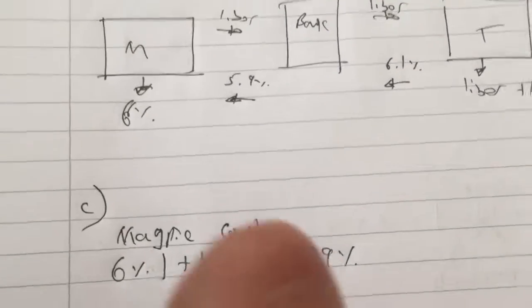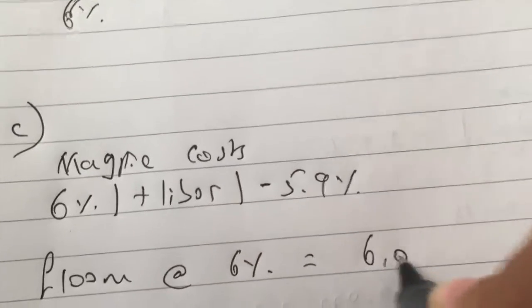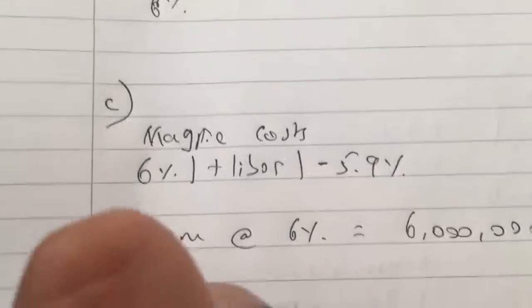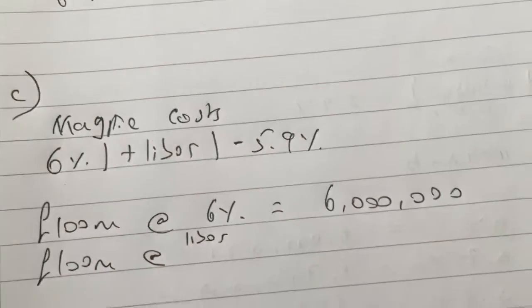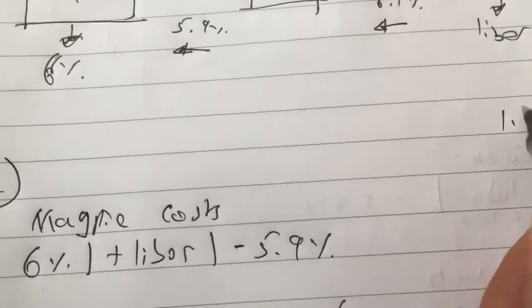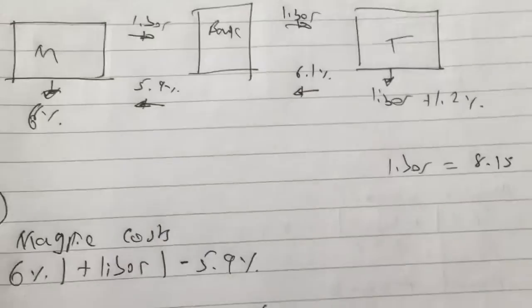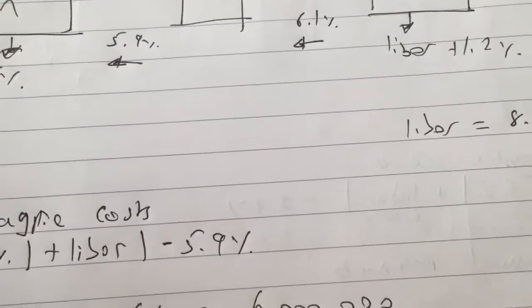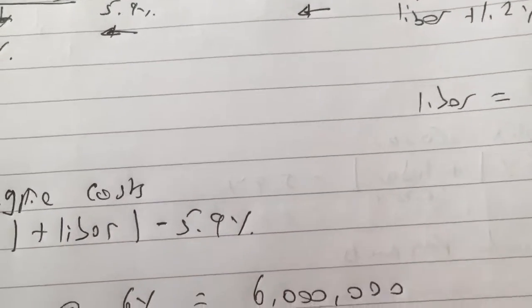We're doing 100 million again, the same thing as what we did before. 100 million at 6% equals 6 million. 100 million at LIBOR, which now is 6.75 plus 1.4, so LIBOR is now 8.15%, which equals 8,150,000.